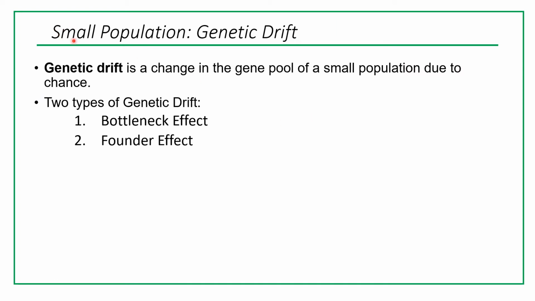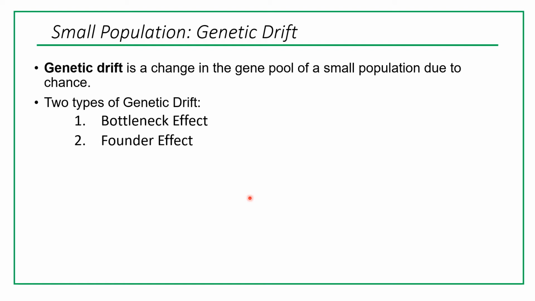So we're going to talk about small population first, and when a population becomes small, we call it genetic drift. Genetic drift is a change in the gene pool of a small population due to chance. So you have a big population, and then something happened, maybe frost or earthquake or volcanic eruption.